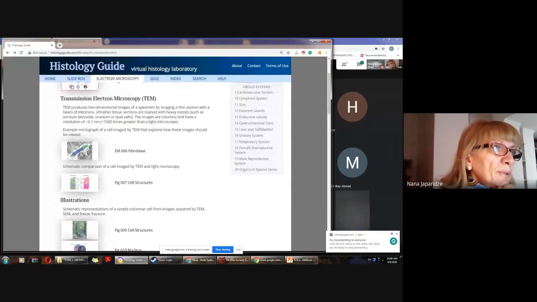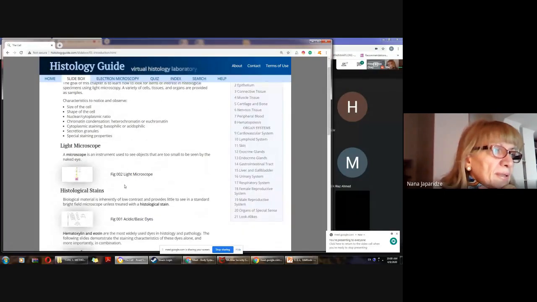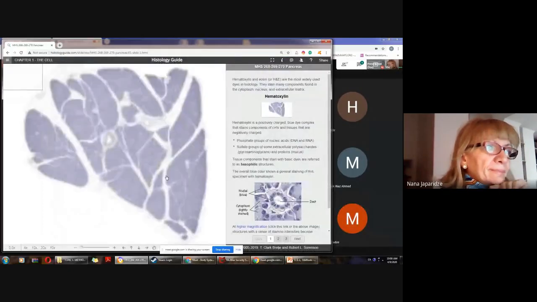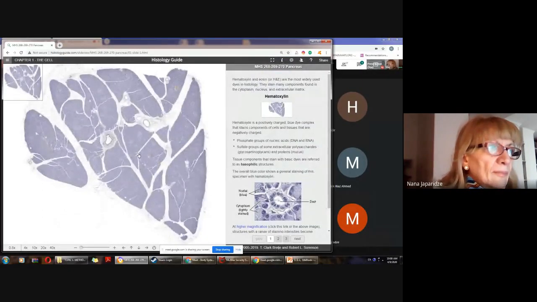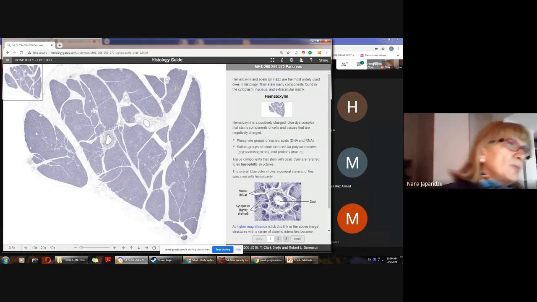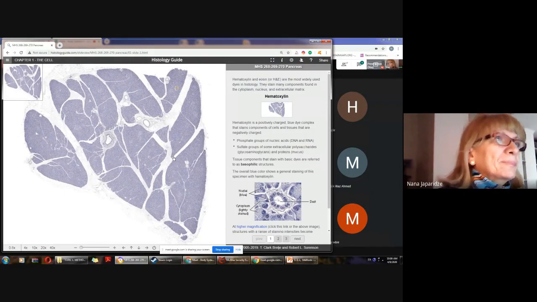First of all, I will go to the light microscopy images. For example, here, this is small magnification. Of course, using small magnification, it is impossible to identify cells.